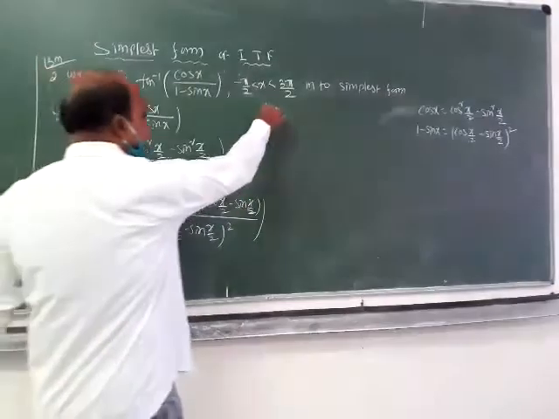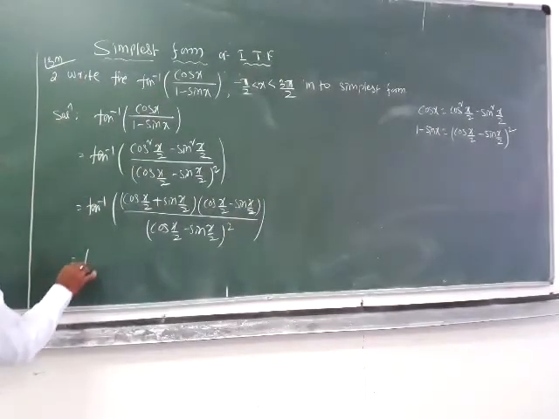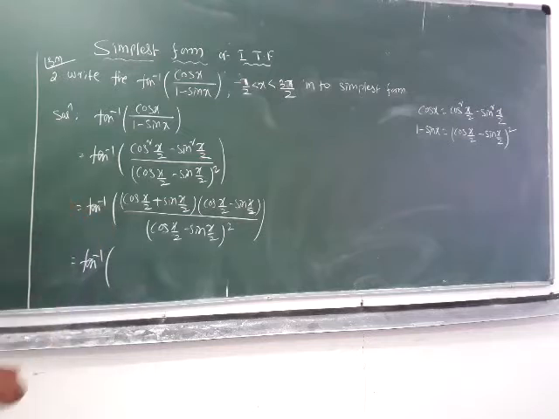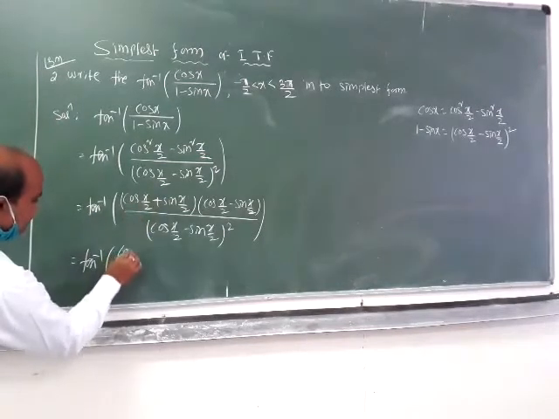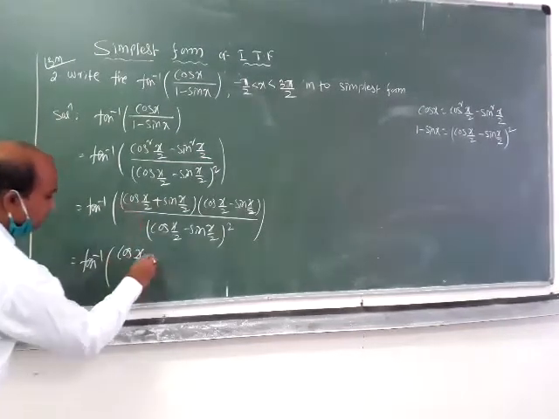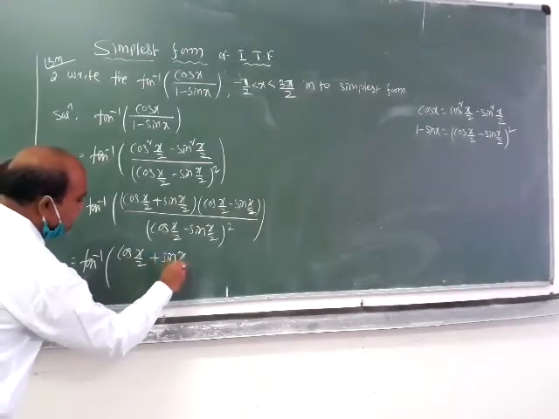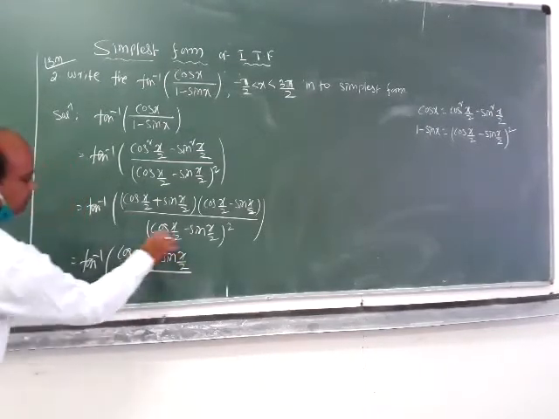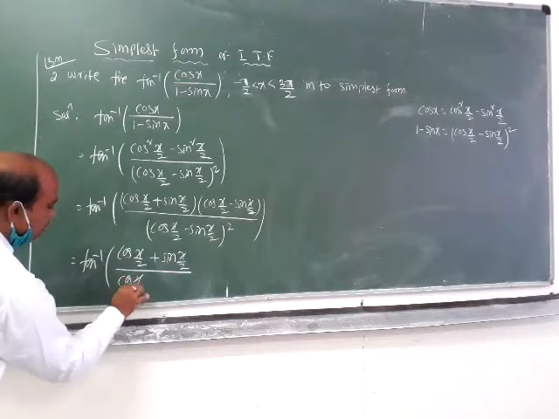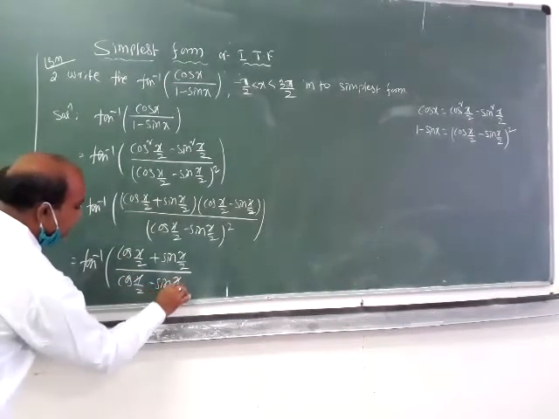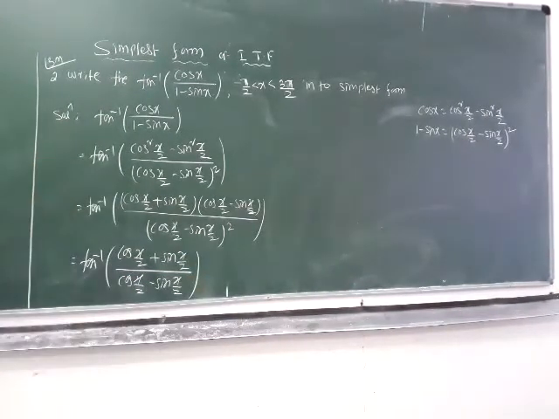After the cancellation, what is left? Tan inverse of cos x by 2 plus sin x by 2 upon only one term, cos x by 2 minus sin x by 2.